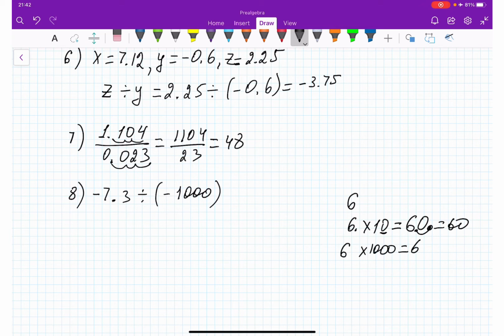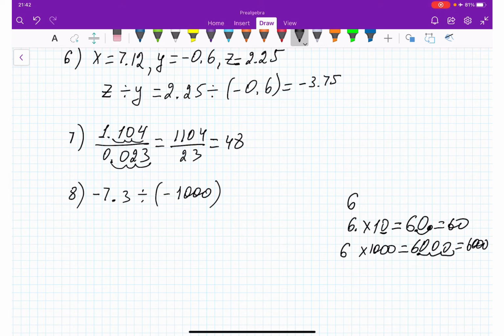So 6, the point is here. I have to move by 3 positions because I have 3 zeros. 1, 2, 3. And the answer is 6,000. So if you move by each position to the right, you multiply by 10. Move by 2 positions, you multiply by 100. Move by 3 positions, you multiply by 1,000, and so on.